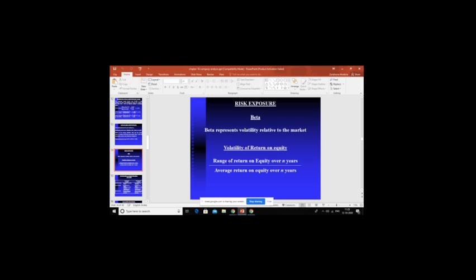That range will get divided by the average return on equity over n years. Say suppose you took a sample of 5 years. So the range of return you can find out through the last year minus the first year, and divided by the 5 years average return on equity, that will provide you the volatility of return on equity.